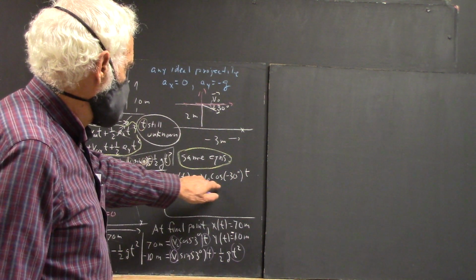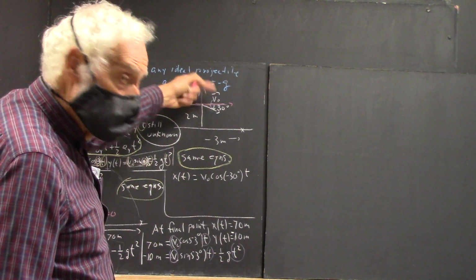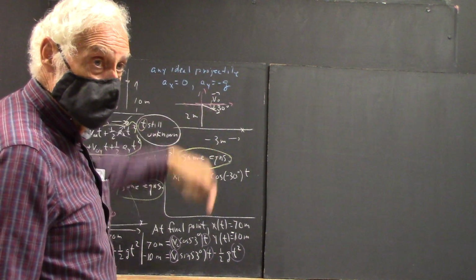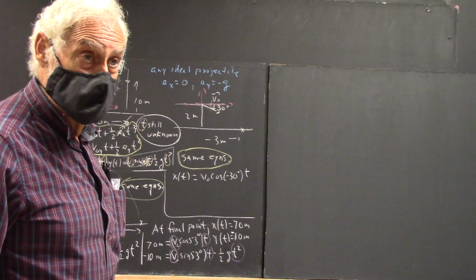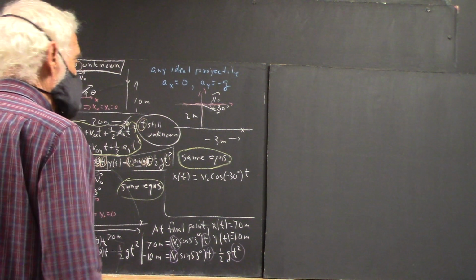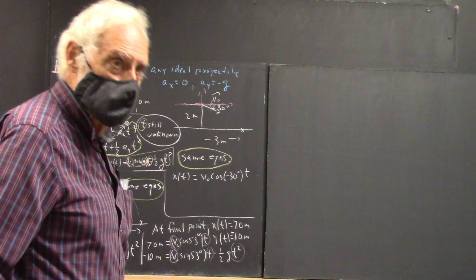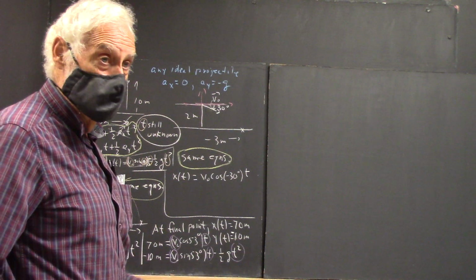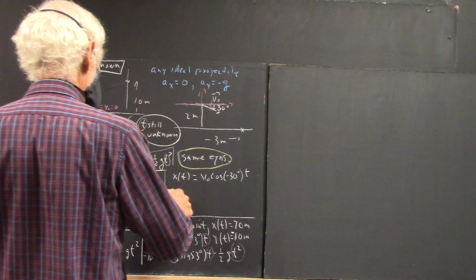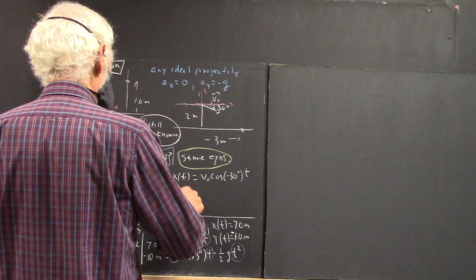Now v naught x is going to be v naught times the cosine of negative 30 degrees, since this 30 degrees is in the negative direction. Well, cosine of negative 30 degrees is the same as cosine of 30 degrees because cosine is an even function. It's going to be important in y of t.